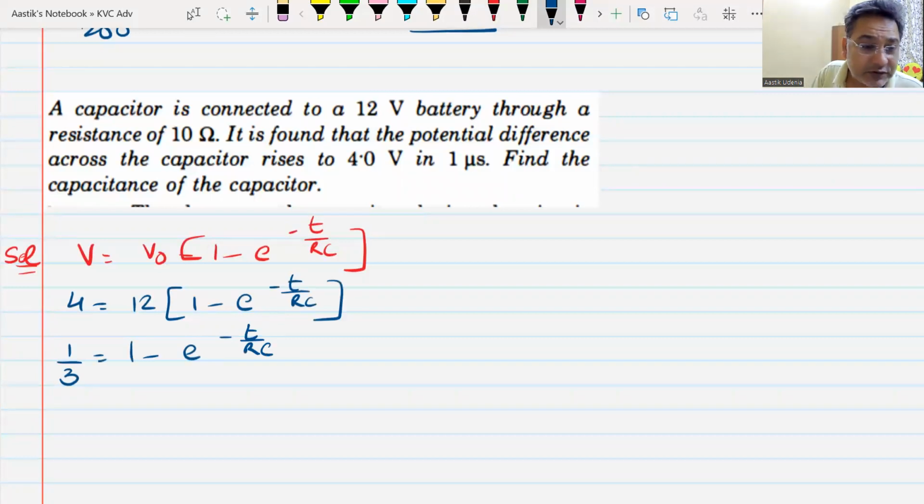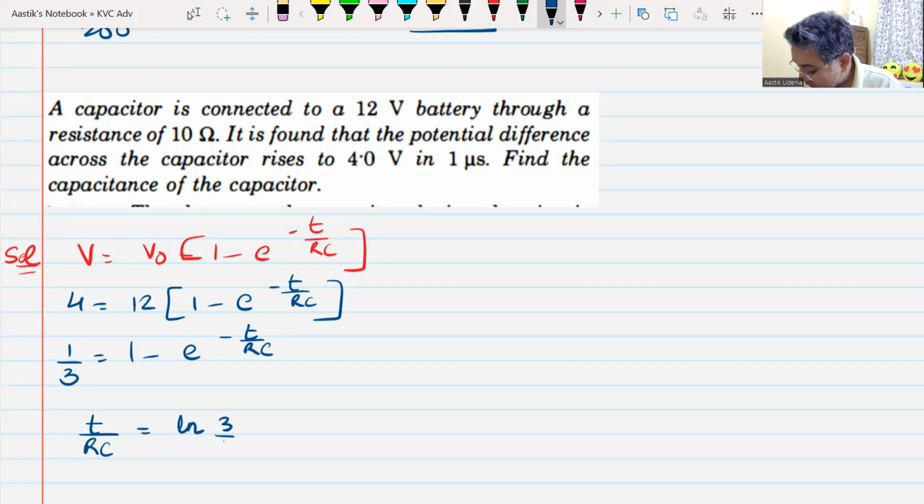Shall I go ahead or will you be able to do it from here? We have done the same, sir. No, you have not done the same. You will get t by RC as ln of 3 by 2. Sir, same thing I got, sir. Yes.